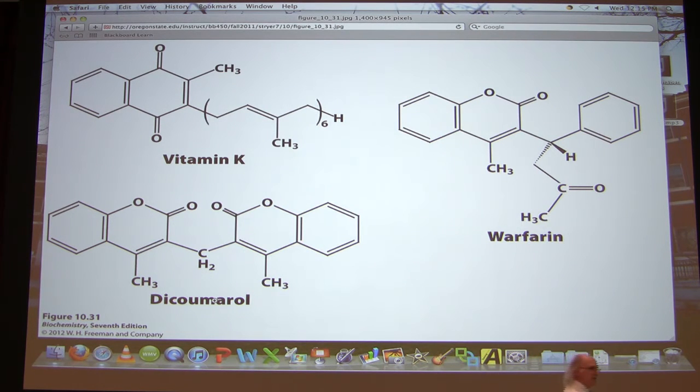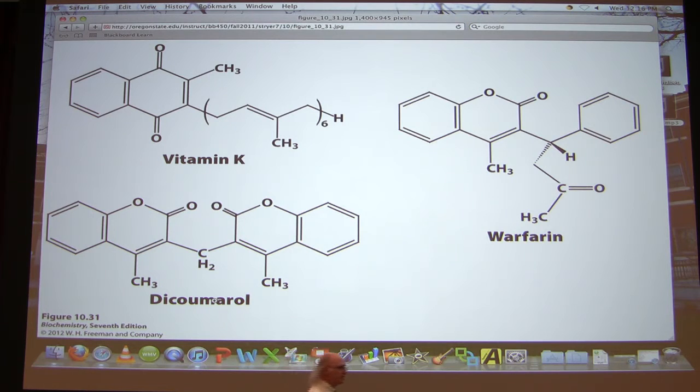Blood thinners, the things that people refer to as blood thinners, resemble vitamin K. And the enzyme binds those molecules, and when it binds those molecules, it cannot put a carboxyl group on the side chain of prothrombin. Would you describe these as competitive or non-competitive? These are competitive. They resemble, in some way, vitamin K. They're competing for the same site.